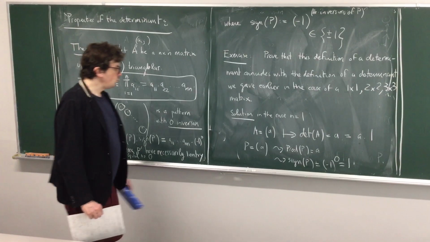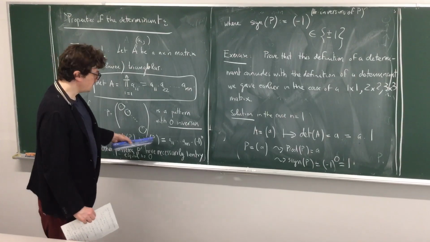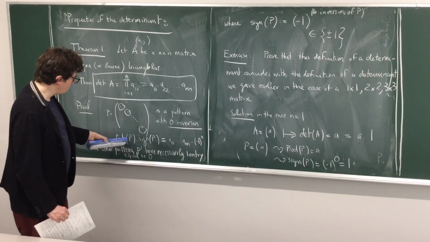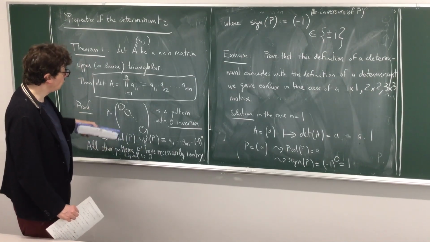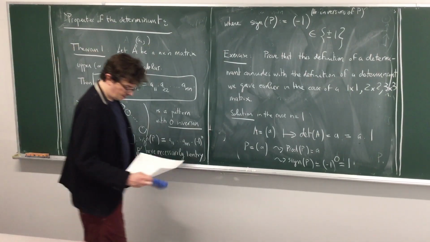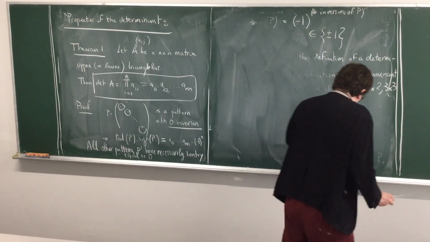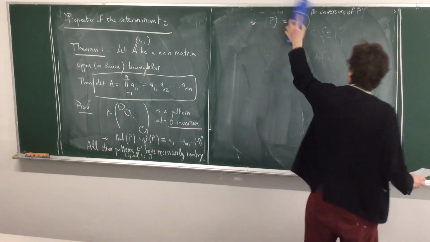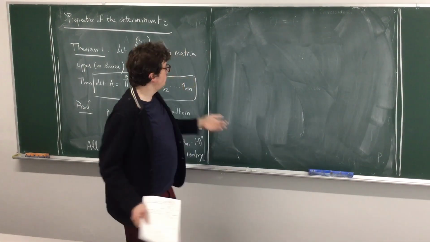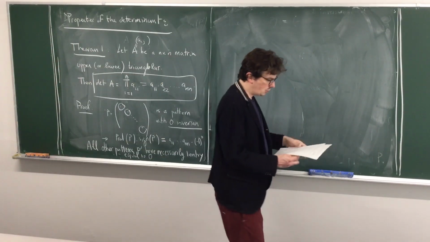And therefore, it will not contribute to the determinant, because as you know, the determinant is the sum of all these products times signs. But for these patterns P prime, the product will always be 0, so it won't contribute to the calculation of the determinant. And that's why you get this nice result. Okay, so this is the first property. We can calculate easily the determinant for n equal 1, 2, 3, and we can also calculate it very easily if we have an upper or lower triangular matrix.